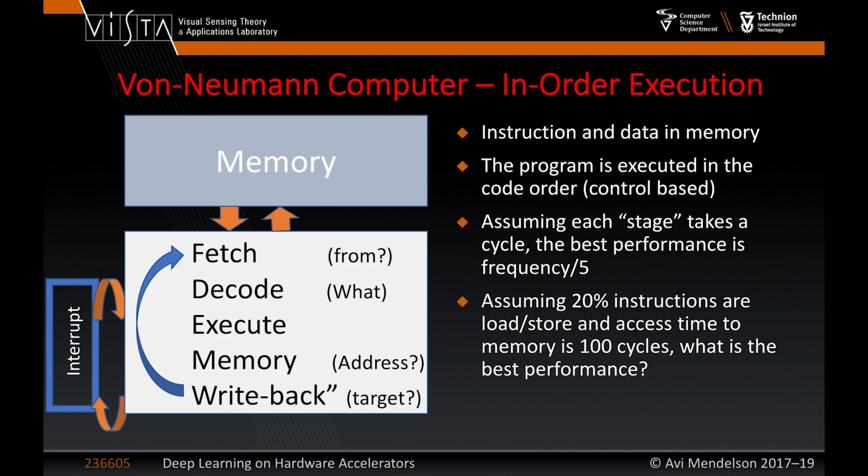Usually it is not 1 byte for sure. If it is a RISC machine, it is 4 bytes. If it is x86, it varies, because you need to understand the length of the instruction, and then you know that the next instruction is just after it. But we assume that we have instruction by instruction.